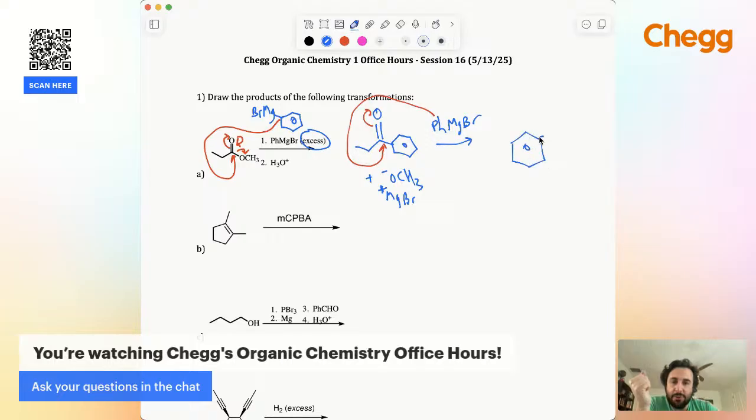Now we have two phenyl groups, two phenyl rings here, and then we're going to have, let's put O minus there, and then we have this ethyl group there. So this ethyl group is the original ethyl group on that starting ester. We've attached two benzene rings to it, two phenyl groups there via the phenyl Grignard reagents.